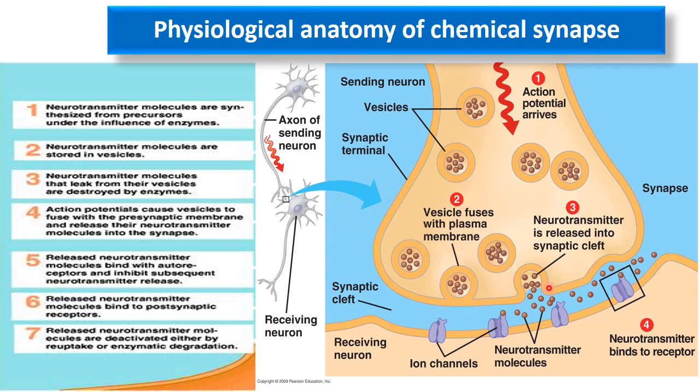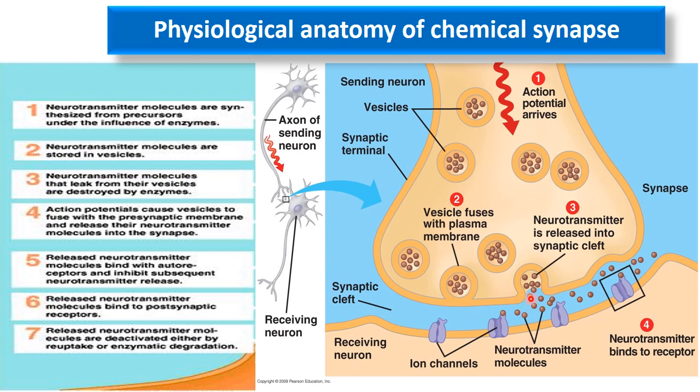They are connected via a synapse. The neurotransmitter is synthesized in the presynaptic neuron. Here you can see different vesicles present in which a neurotransmitter is being synthesized and stored.